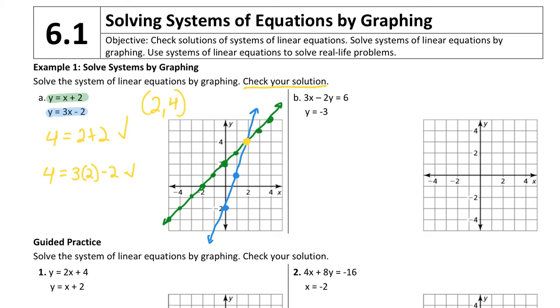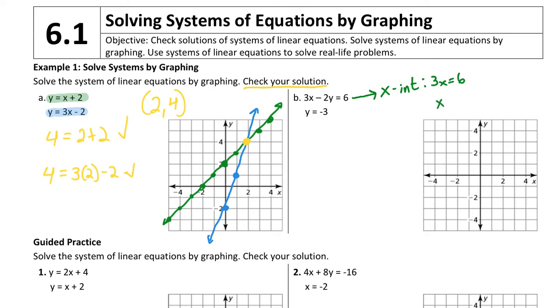In part B, we have a different type of equation, not slope-intercept form, but standard form, where we'd have to find x and y intercepts. In this equation, our x-intercept is the x value when y is 0. So the x value in that equation when y is 0 would be represented by 3x equals 6, because y is 0.